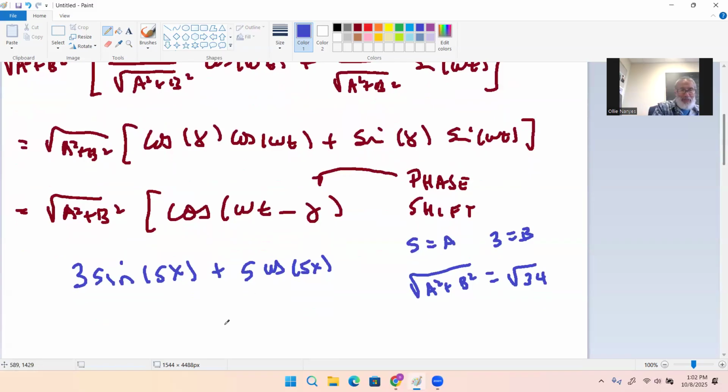So we now have this written as the square root of 34 cosine of 5x minus gamma.